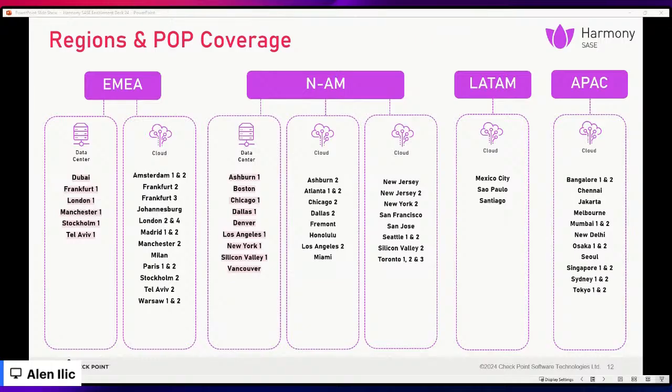Here's how it looks on an architectural map. A couple of things to mention here is that you can have access via Windows devices, Apple devices, Linux devices, and Chrome laptops.